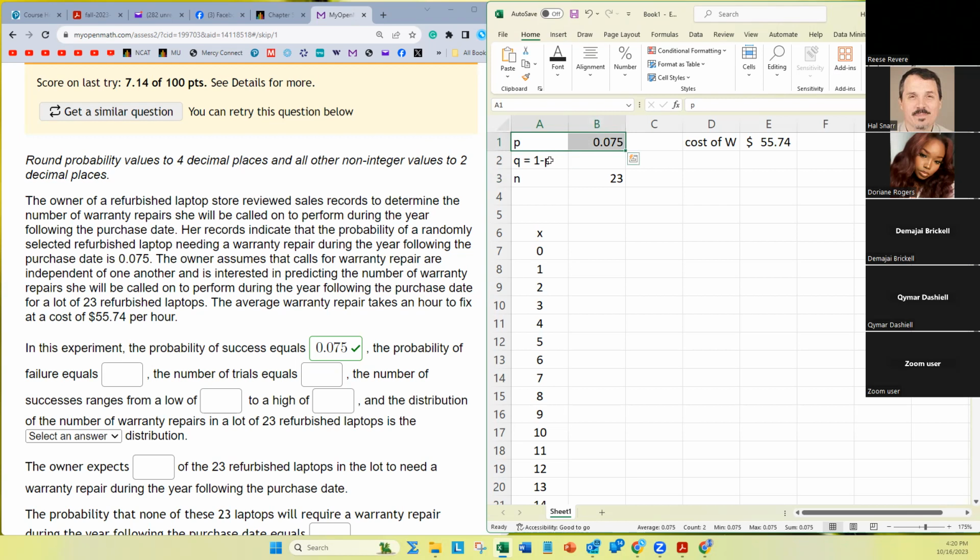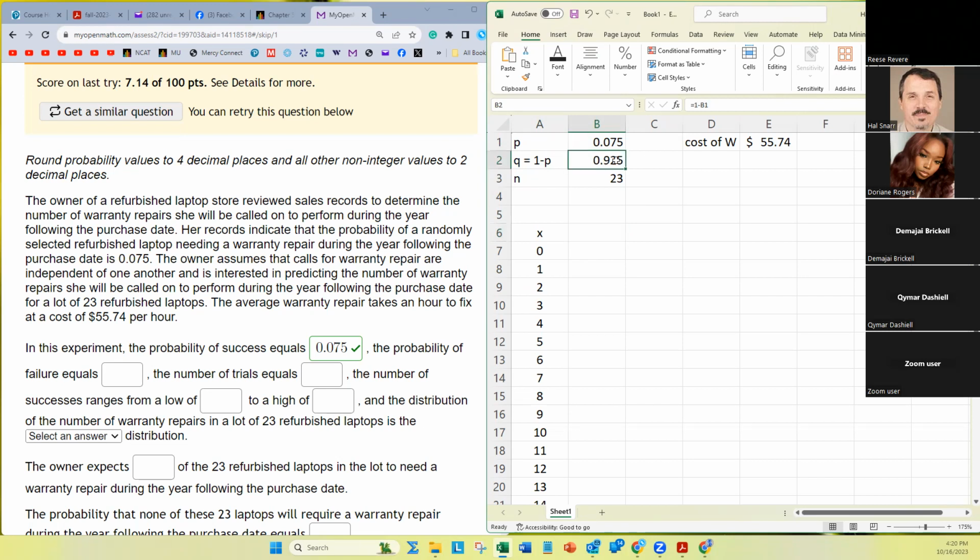This is the complement: the probability of not having a warranty repair, so 1 minus 0.075. Some textbooks refer to it as q, other textbooks refer to it as 1 minus p. They use q because q looks like a backwards p. This is the probability of success, and that's the probability of failure.